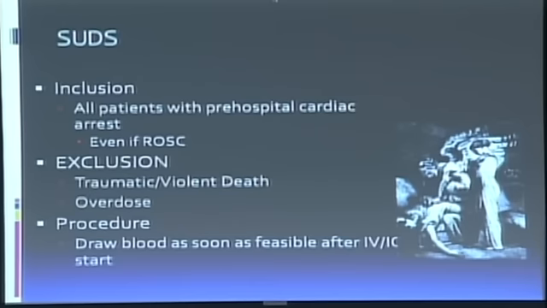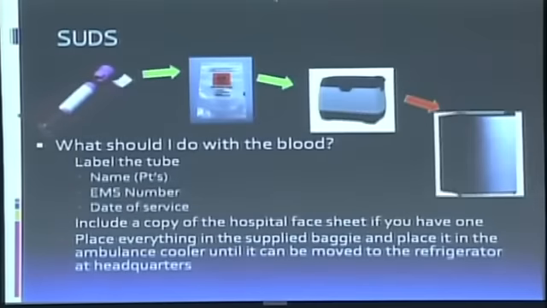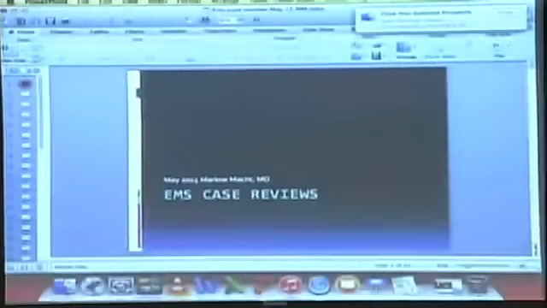You'll draw blood as soon as possible after gaining the vascular access. This is for the transporting agencies. The tube gets labeled, a hospital face sheet is helpful, and then it gets placed in the ambulance cooler and into the refrigerator at the headquarters of the transporting agency.